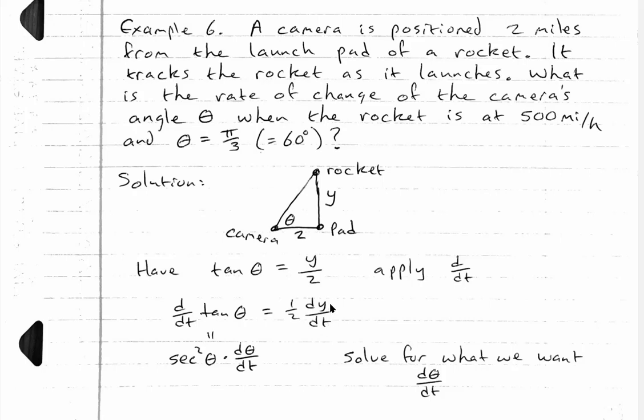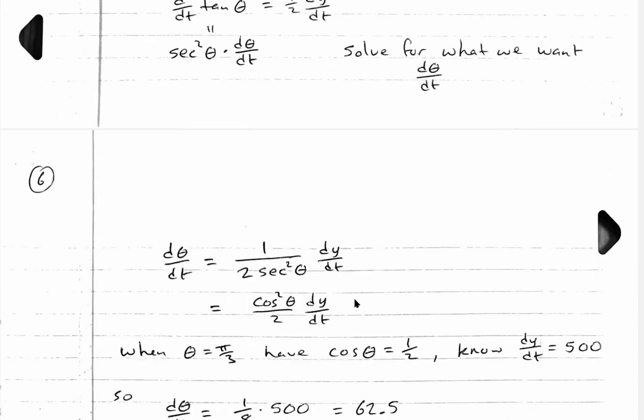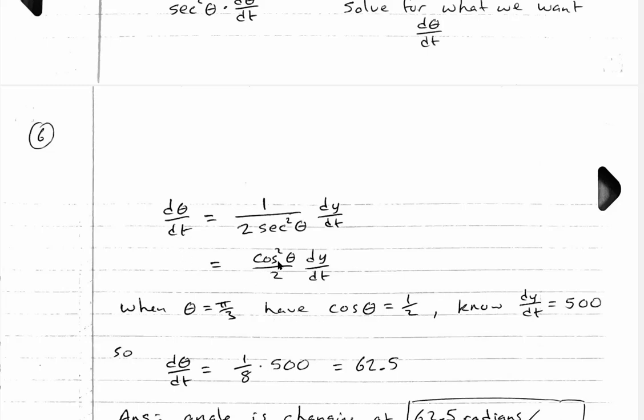dy/dt, the rate of change of the height of the rocket, is 500 miles per hour. We're looking for d theta/dt, the rate of change of the camera's angle. So we can solve: divide both sides by secant squared theta. It's slightly easier to use cosine, since secant is 1/cosine, so we flip that over. d theta/dt is cosine squared theta divided by 2 times dy/dt.